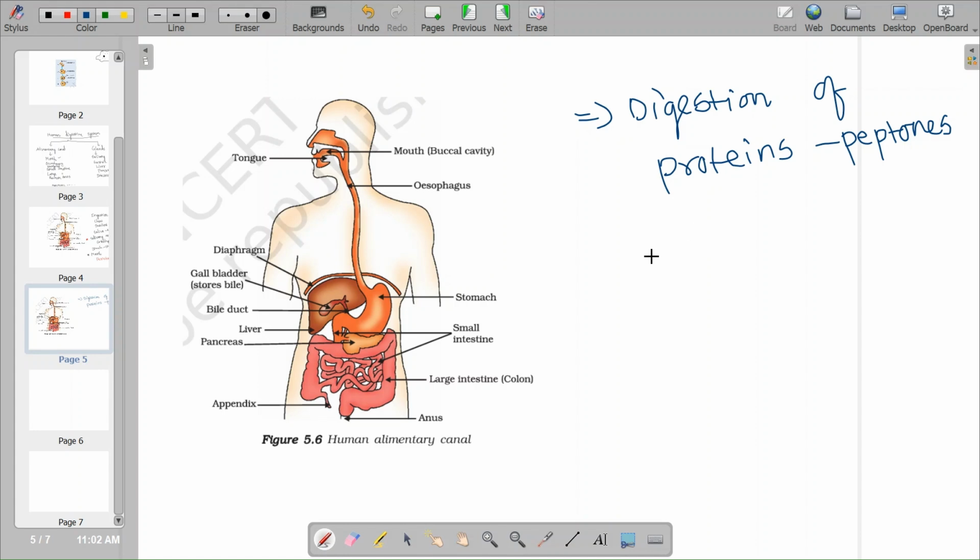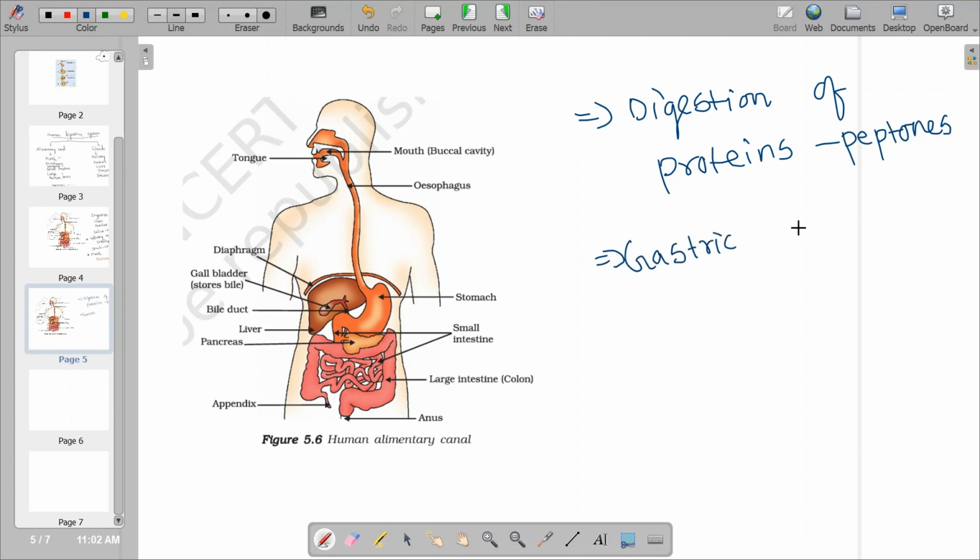Proteins are converted into peptones. Now, what are the other things we have to discuss under the topic stomach? What digestion is going to take place? We discussed it is protein.